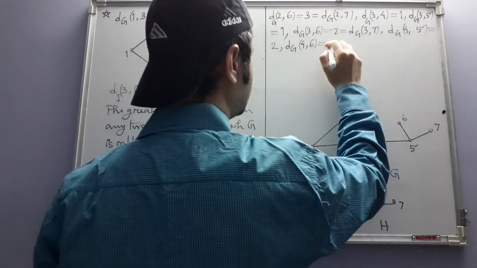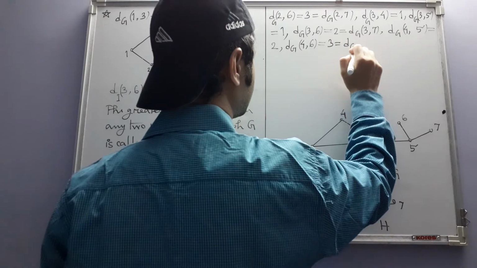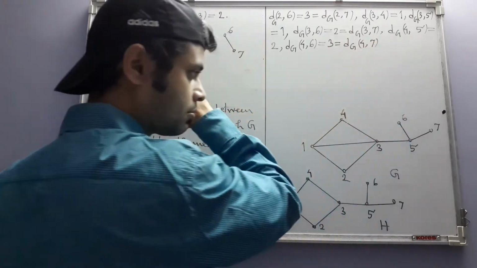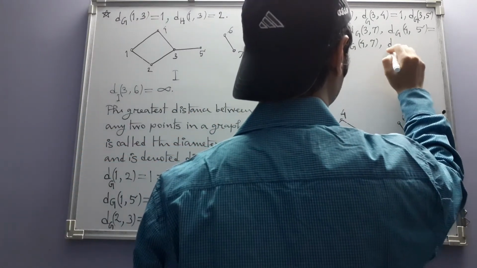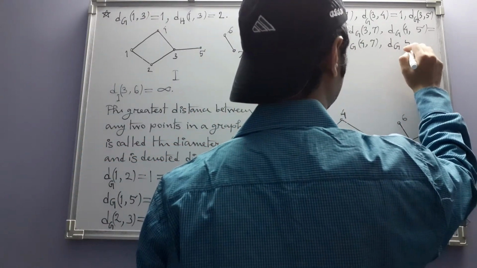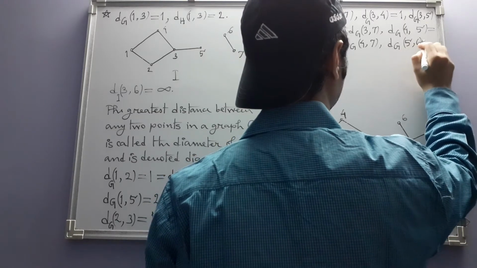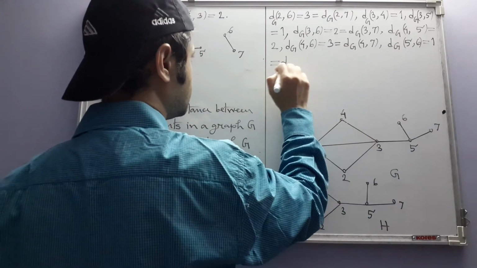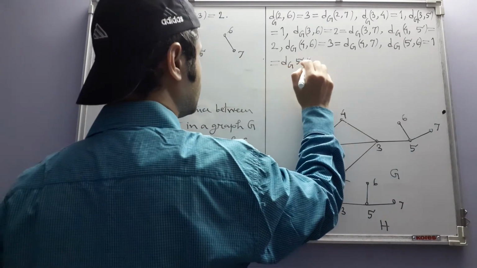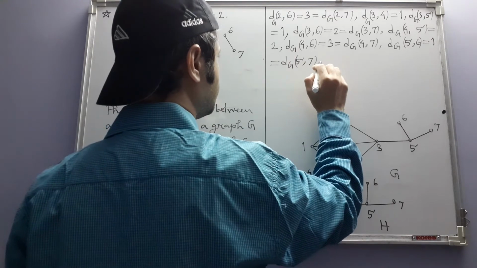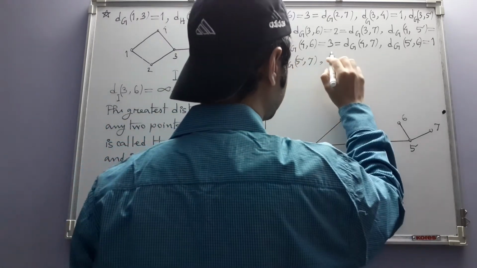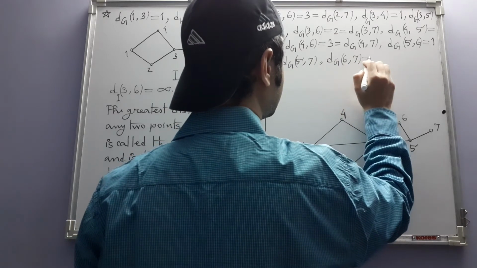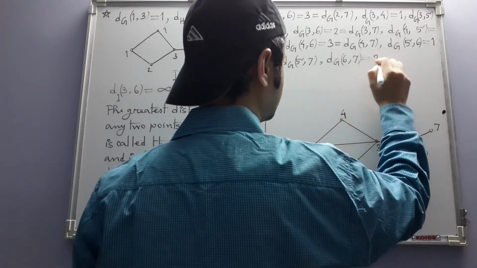One, two, three. Then the distance between 5 and 6 is 1, and that is also equal to the distance between 5 and 7. And lastly, the distance between 6 and 7 is equal to 2.